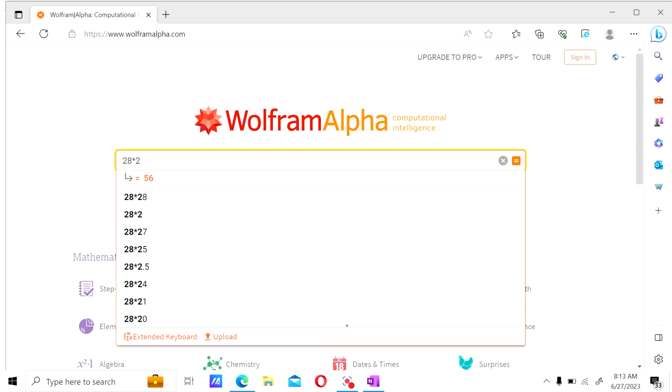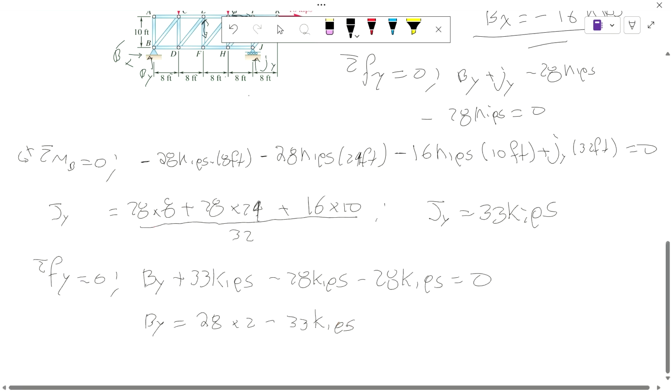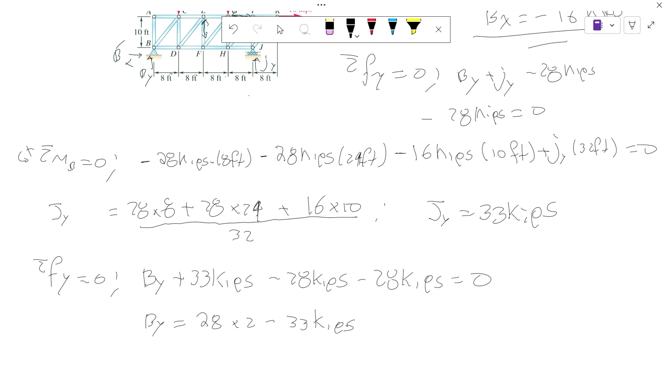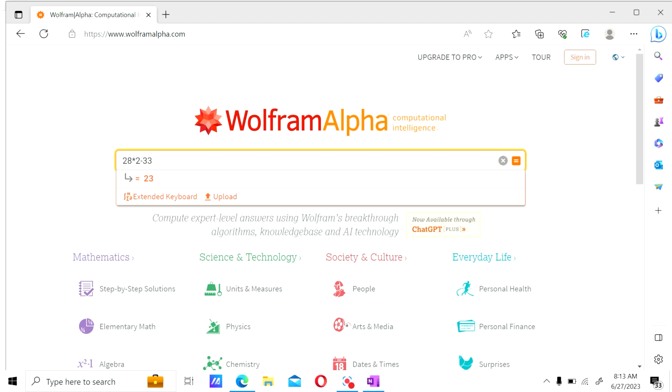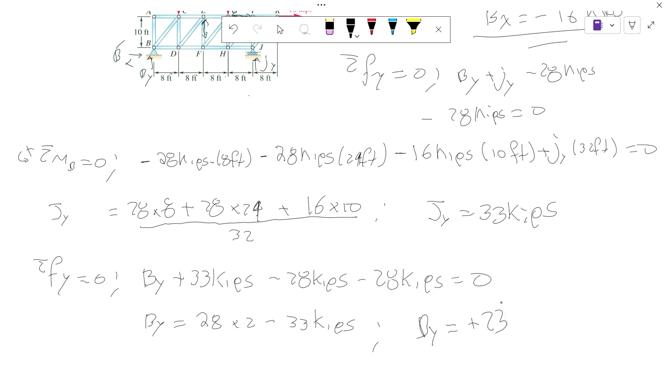That gives us that By is 28 times 2, negative 23. What is wrong here? 22. So Jy is 33 and By is 23. Yeah, we're good. So By is positive 23 kilopounds.